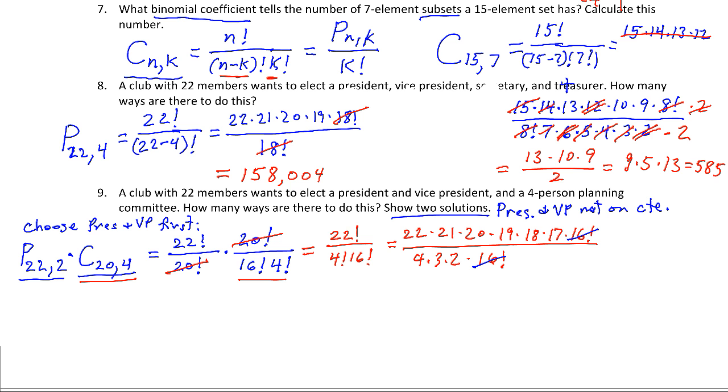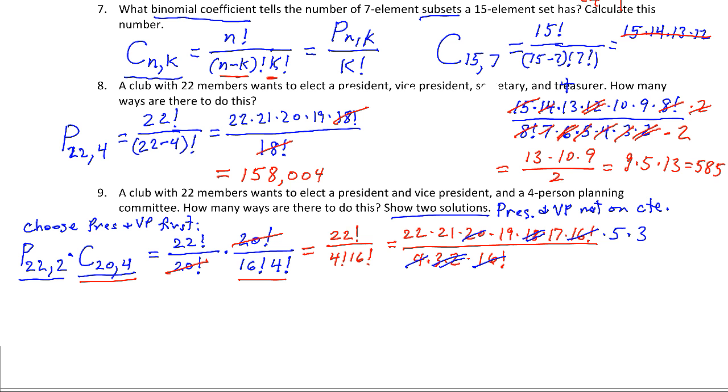Let's see. Maybe I can cancel the 4 with the 20 and leave myself a 5 up here. Cancel the 3 times the 2, which is a 6. It doesn't help a whole lot, does it? Yeah, the 18, and that'll leave a 3 up here.